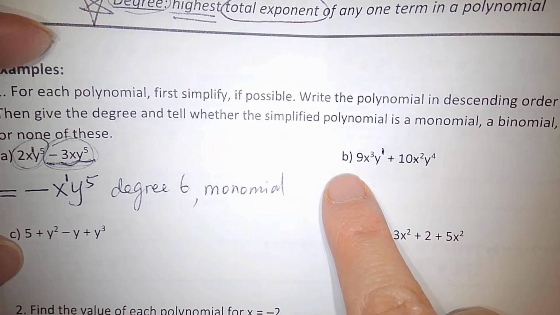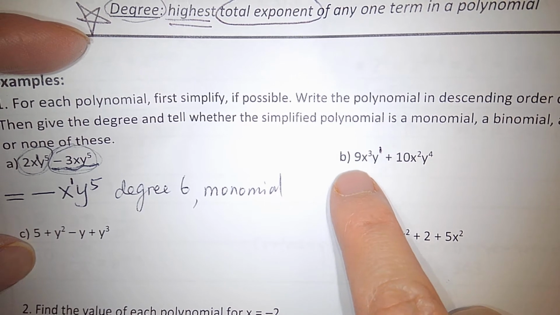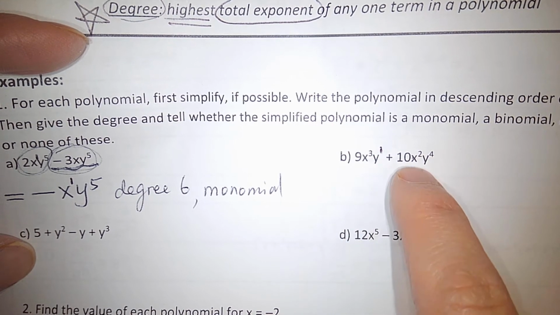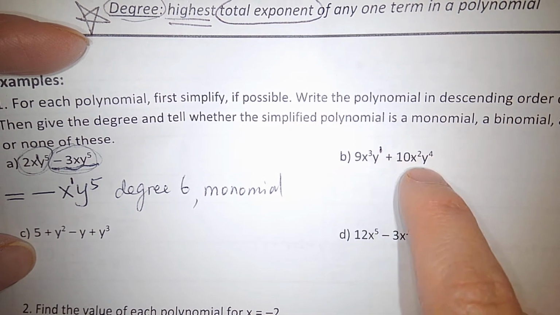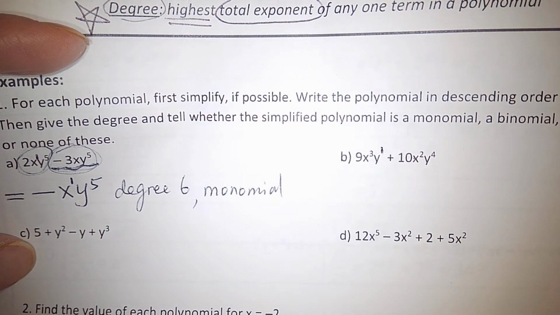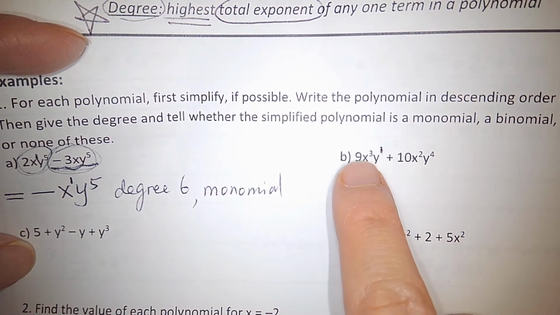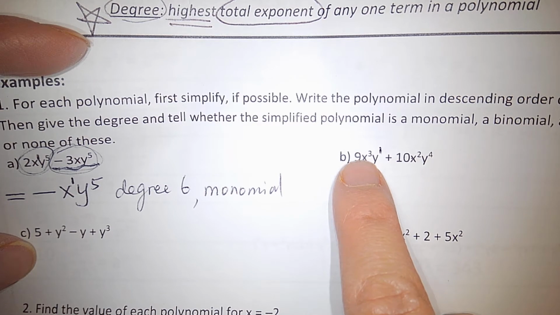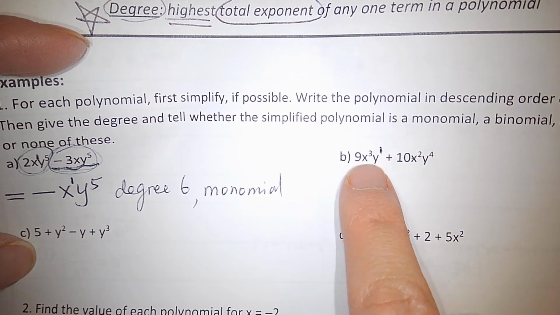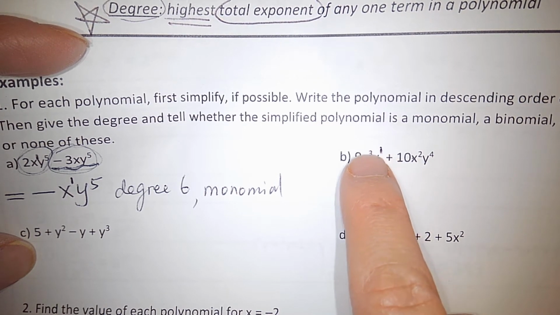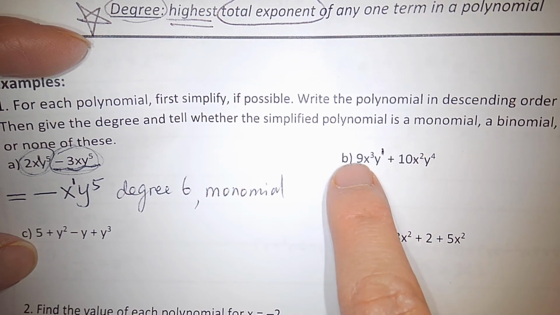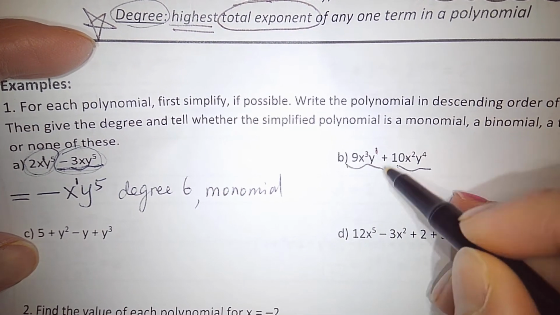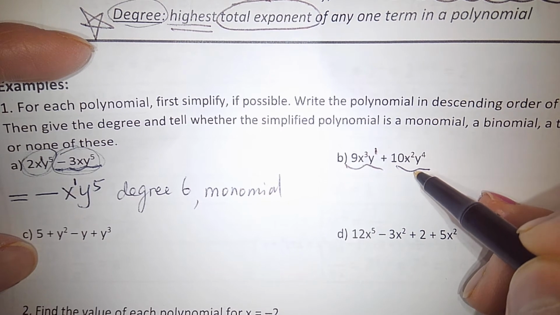Guys, can you try number B? Think about it. 9x cubed y plus 10x squared y to the 4th. Are these two terms like terms? They both have variables x and y, the same variables.